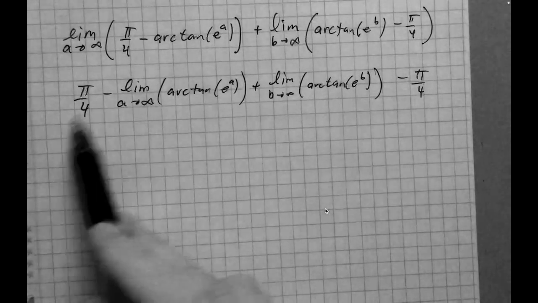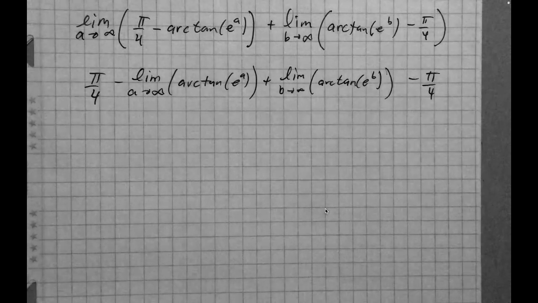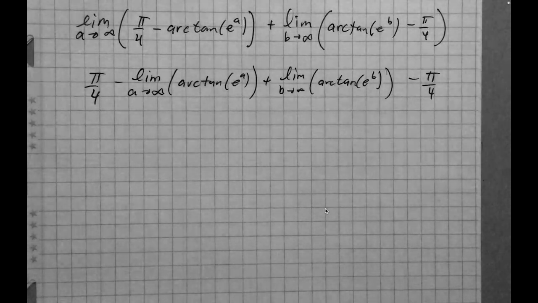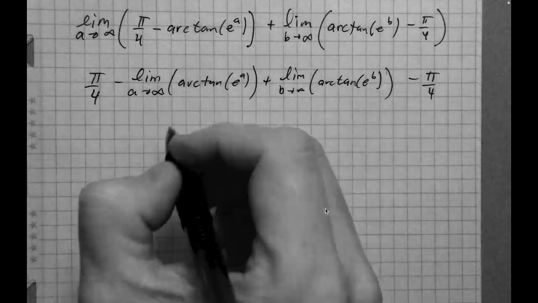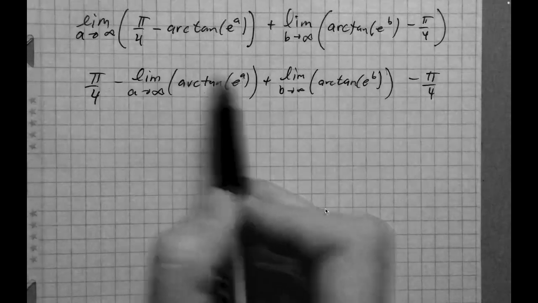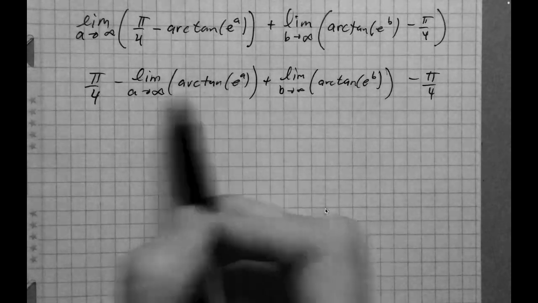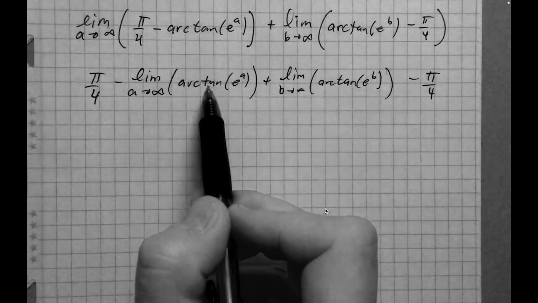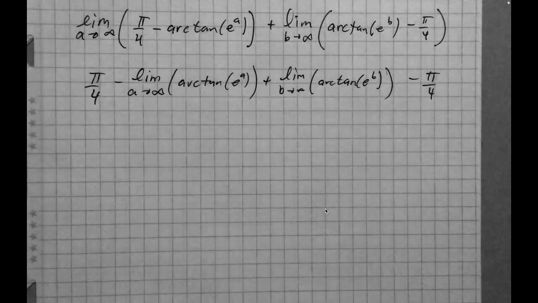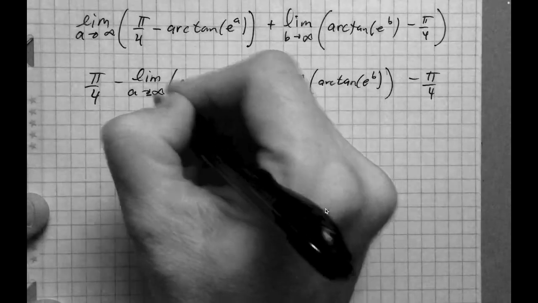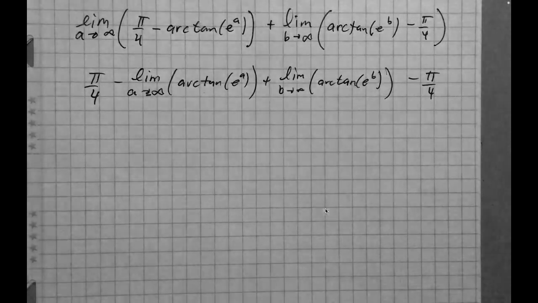These two are obviously going to undo each other. But what's happening in the middle? Looking at this first one, a is going to, actually, I think I dropped one of these. This one's going to negative infinity, sorry. So that's going to negative infinity.